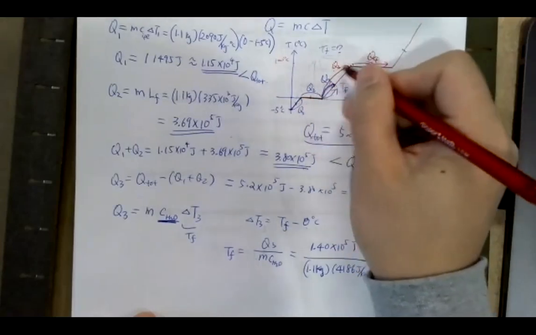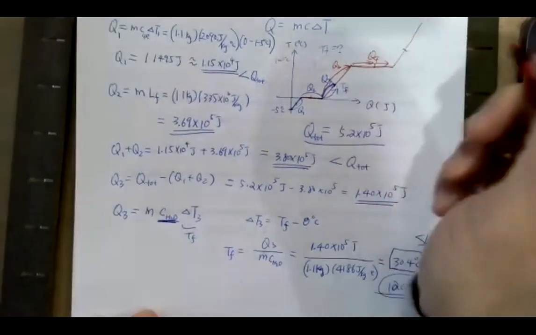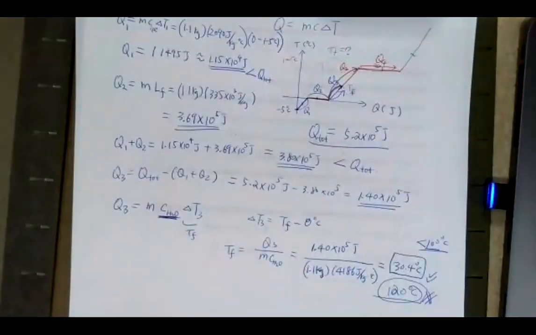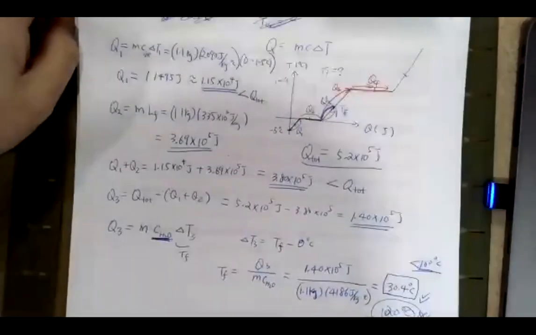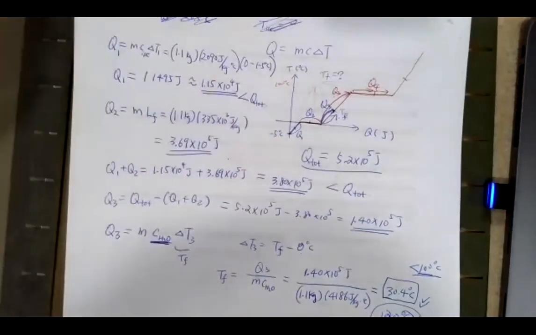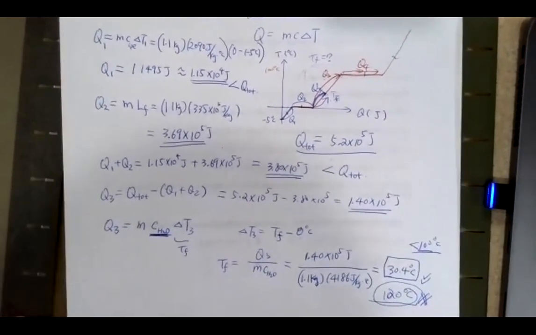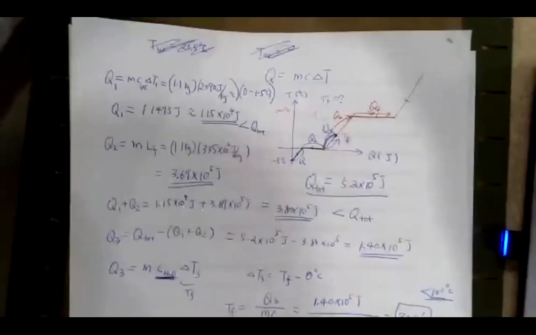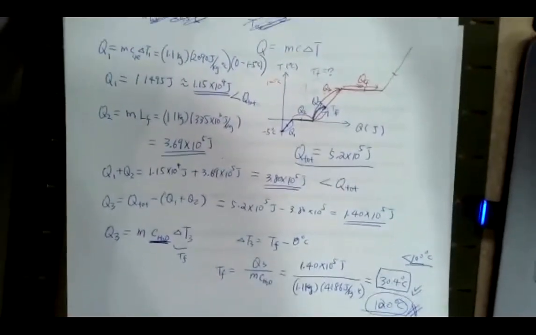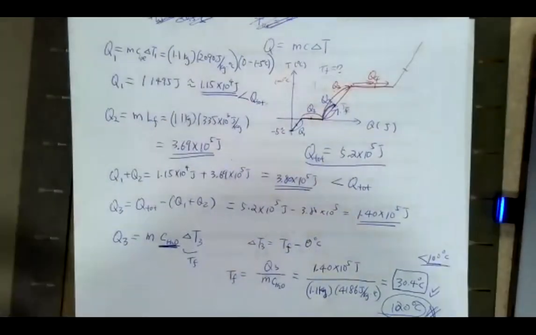Then you add Q1, Q2, Q3, Q4 up and compare to the total Q. But I don't think you are probably going to see a problem like that. It's the same logic behind it, though. So here is how you would work on a problem like this when you have phase transitions involved, okay?